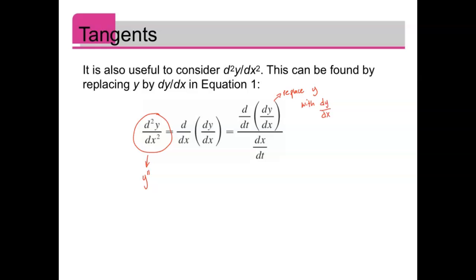And so what you end up with is d/dt of dy dx over dx dt. So all I did was replace y in the formula for the first derivative with y prime.